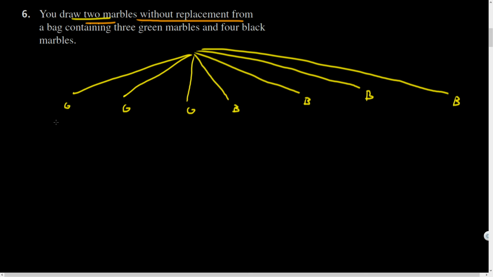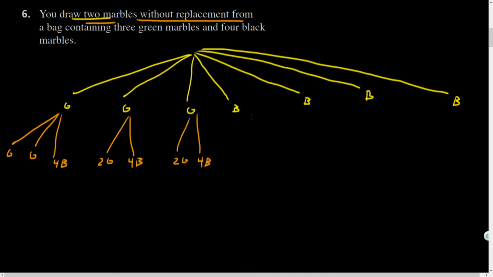If the first marble was green, there's 1 less green. There's only 2 green instead of 3 to pick from. And for the sake of spacing, I'm going to write 4B. So this would be 2 green to pick from and 4 black.